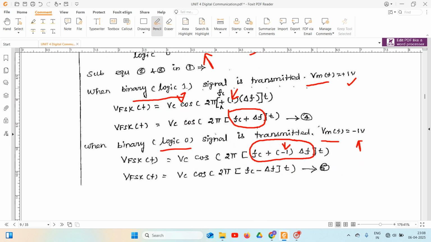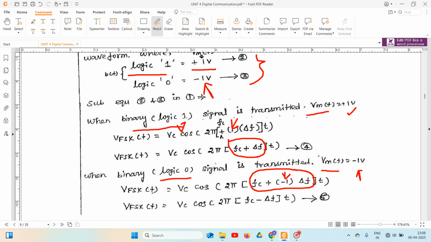First we will substitute equation 2. Whenever your input is logic 1, your Vm of t is plus 1 volt. So if instead of Vm of t you substitute 1 volt, you will get Fc plus delta F. Similarly for logic 0, Vm of t is minus 1. So you have to substitute this minus 1 in equation 1. You will get Fc minus delta F.